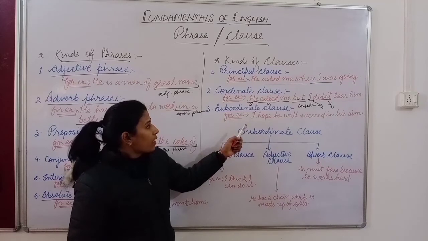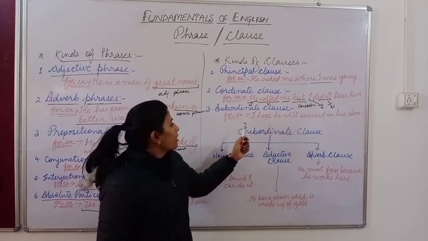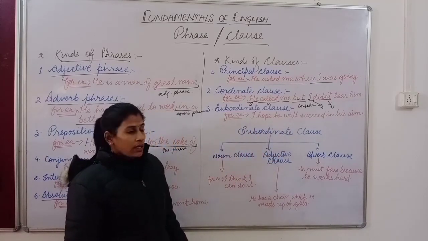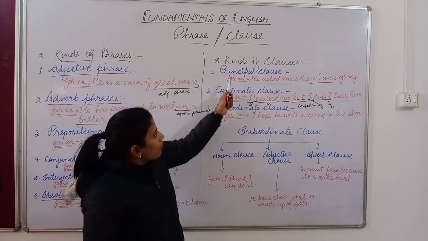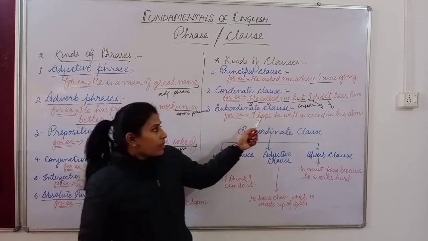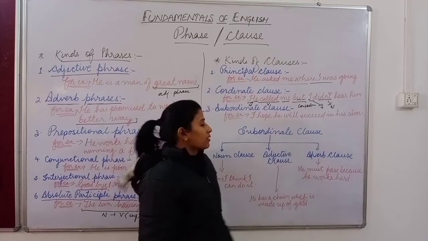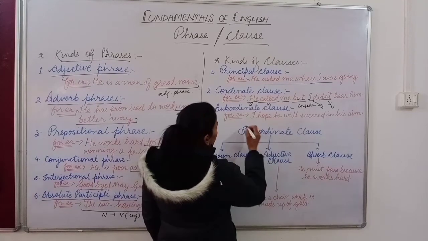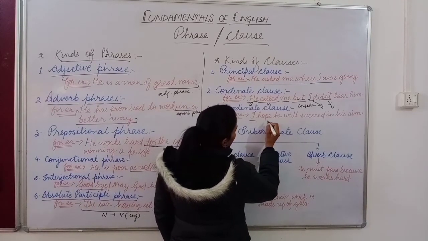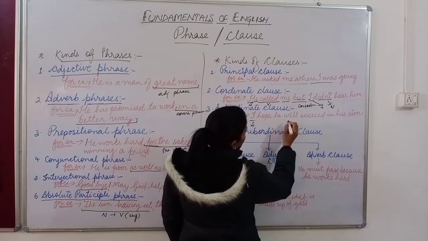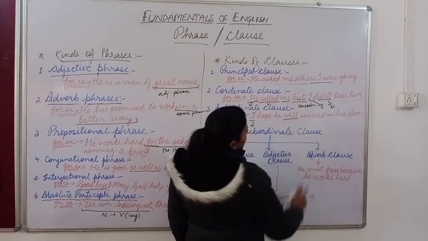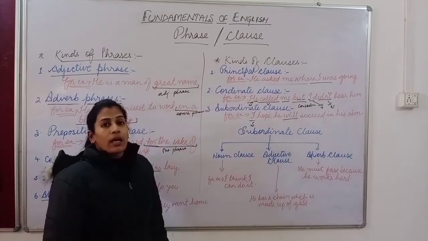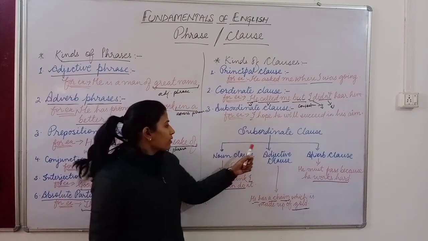A subordinate clause is a dependent clause. Without the help of the principal clause, it can't convey a sense. For example, I hope he will succeed in his aim.